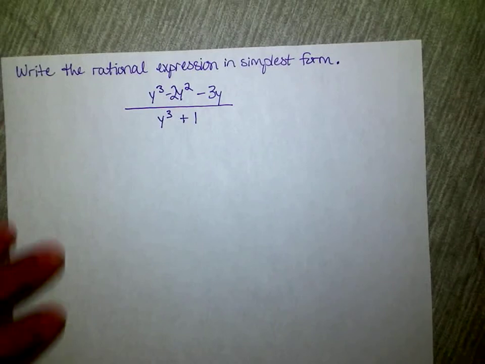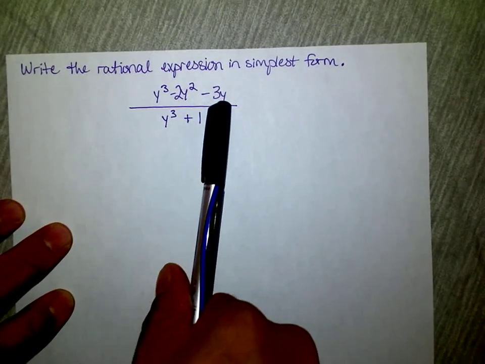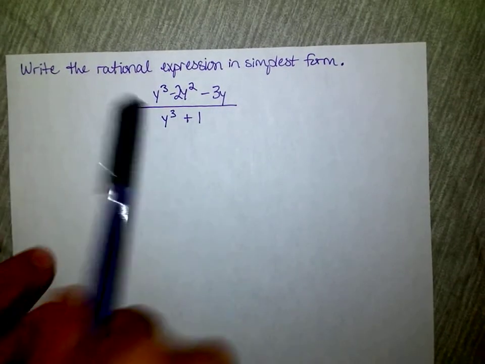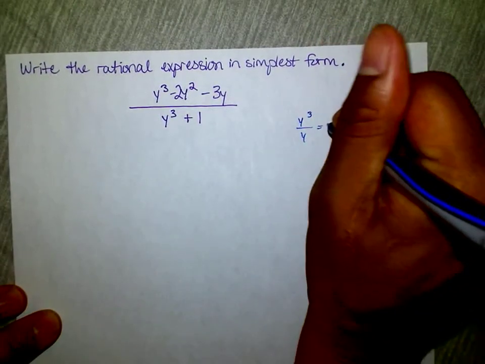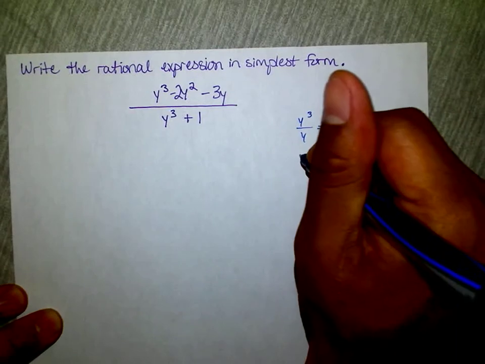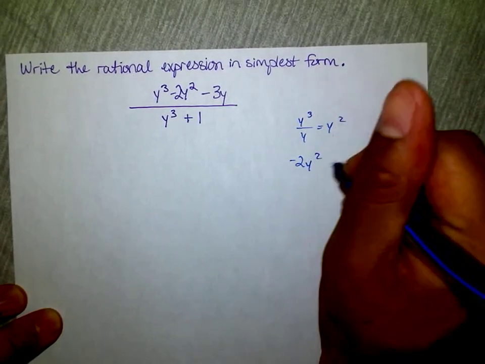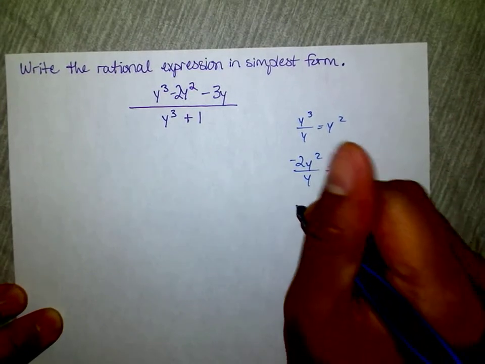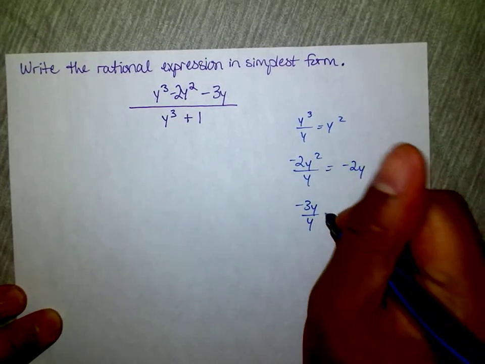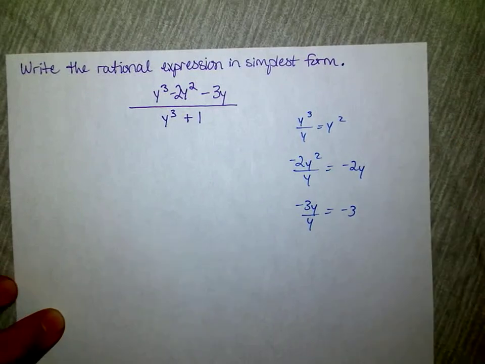So, let's see on the top here, we all see that we can factor out a y on the top. So if I factor out a y on the top, y cubed divided by y is y squared. Negative 2y squared divided by y is negative 2y. And negative 3y divided by y is just negative 3.